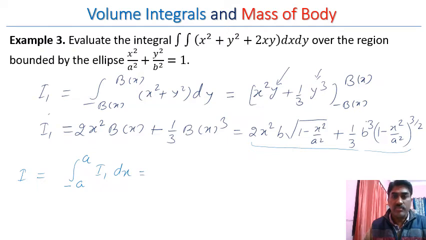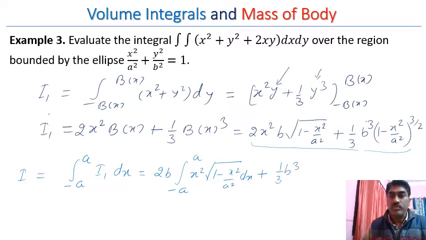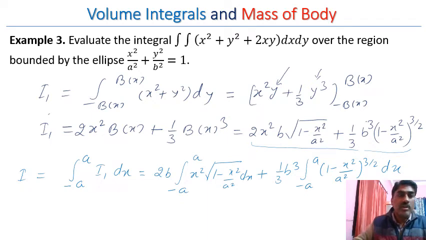So we have 2b times the integral from minus a to a of x square square root of 1 minus x square by a square dx, plus 1 by 3 b cube times the integral from minus a to a of 1 minus x square by a square whole power 3 by 2 dx.